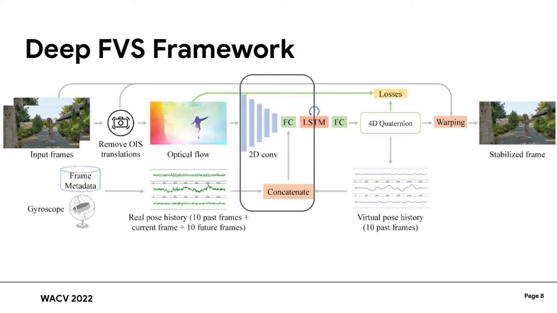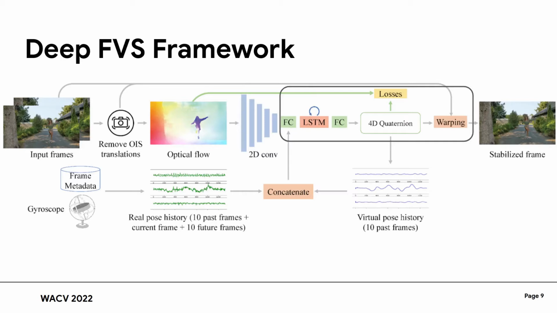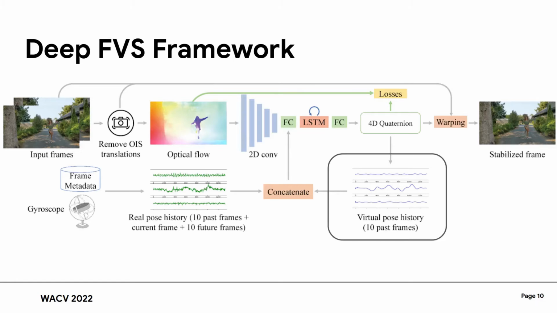Next, we concat the motion representation and the image feature together and feed them into an LSTM. The LSTM then maps the input to a virtual camera pose. We have carefully designed the losses to control the virtual camera smoothness and how well it follows the true motion. We also save the virtual camera poses and loop them back to the LSTM as well.